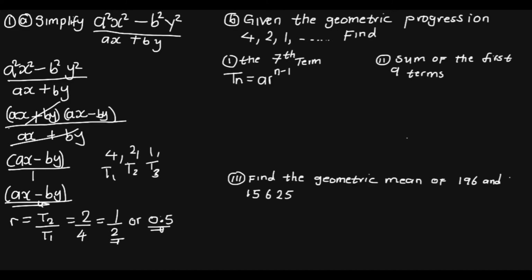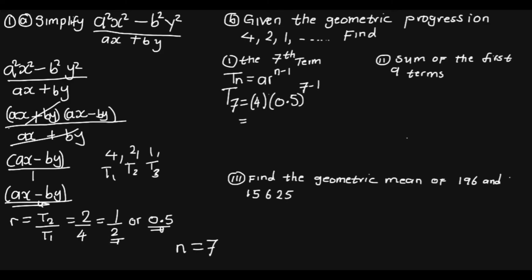Now we can proceed. n is equal to 7, since we are looking for the seventh term, the number in position 7. So T7 equals a, which is the first number 4, times the common ratio 0.5 raised to the power 7 minus 1.